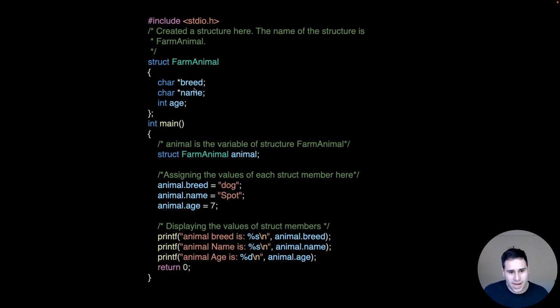It's got a breed, a name, and an age. And then you might have the farmer and the farm struct, and as the complexity grew, the scope of these programs just grew and grew, and you have new structs that do this and new structs that do that, and many other examples of that.